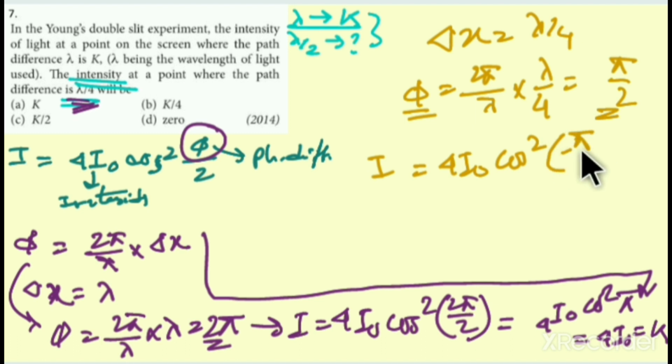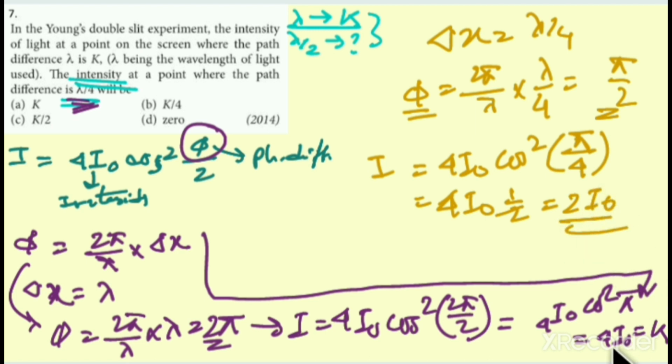Here phase difference is pi by 2 and pi by 2 by 2 is pi by 4, and cos square pi by 4 is half, so it will be 2I0.